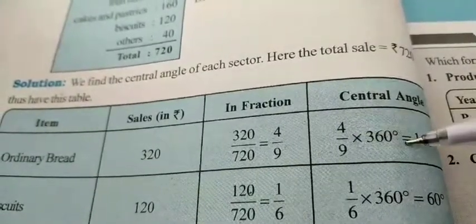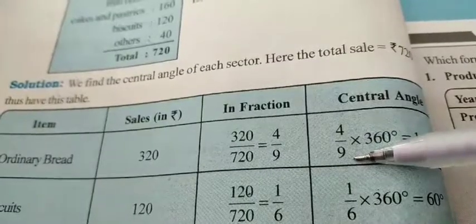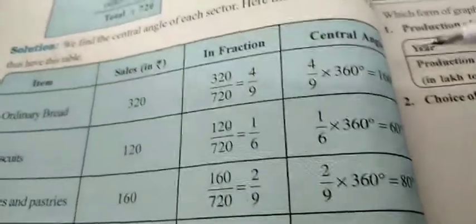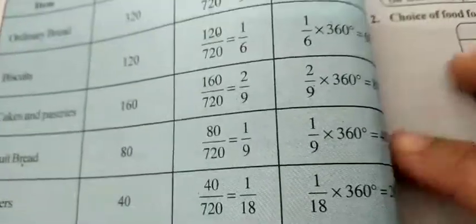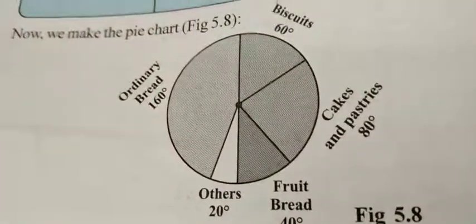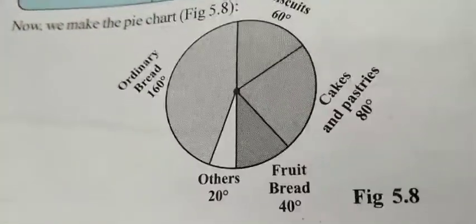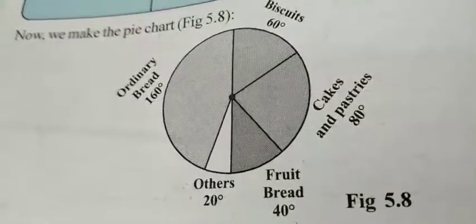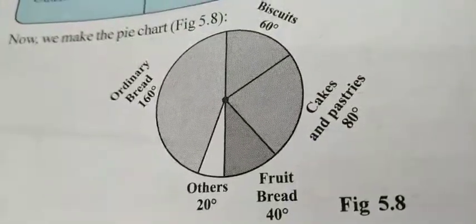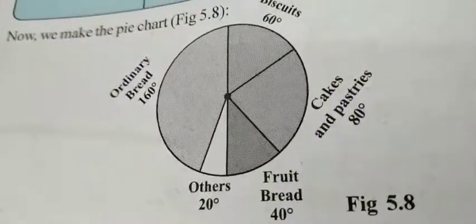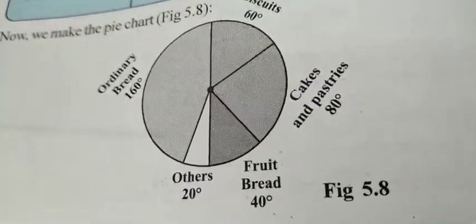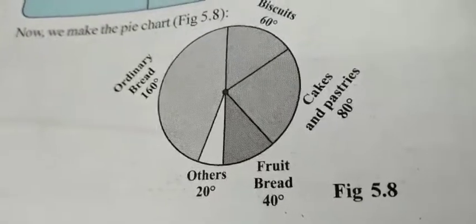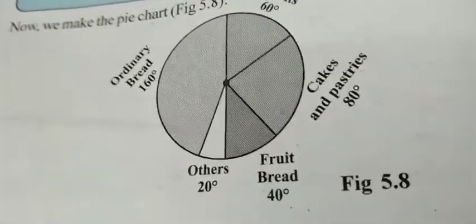Multiply the numerator by 360 and divide by 9. This way you have to calculate all the central angles, and after that you have to draw the pie chart. So while I will be doing the first sum of exercise 5.2, at that time you will get a clear picture of drawing. Practically you will understand how to draw the pie chart.